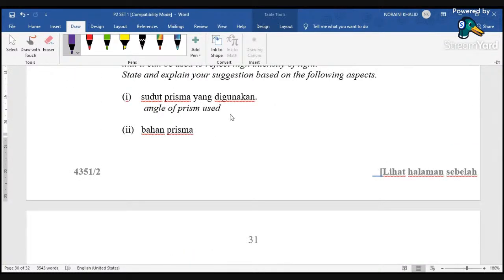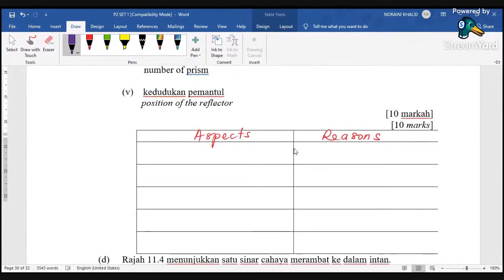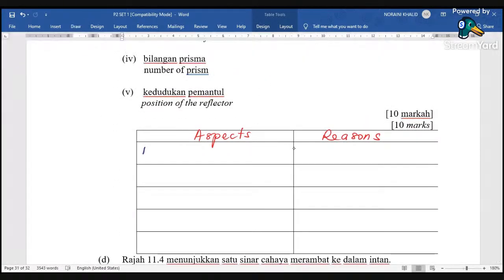First one, angle of prism used: 45 degrees. Reason, so that total internal reflection occurs.